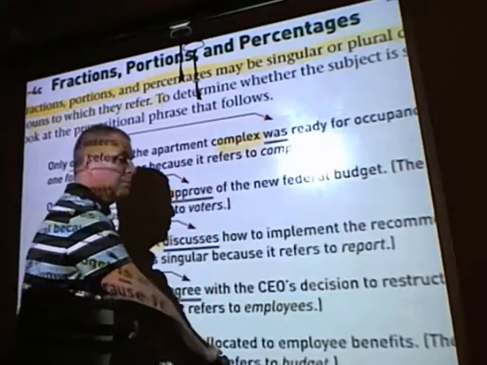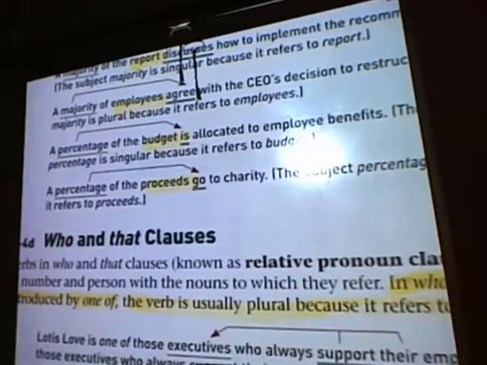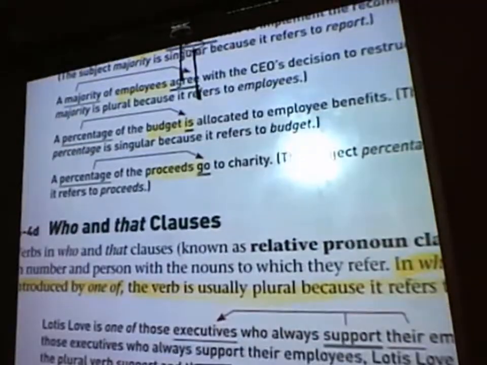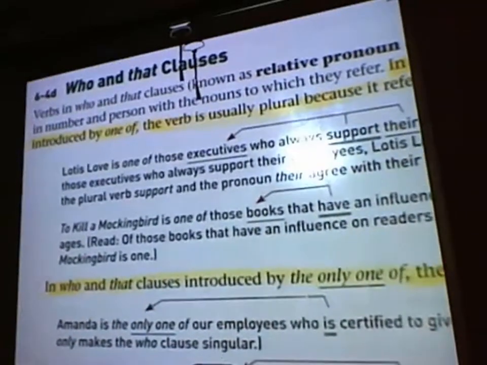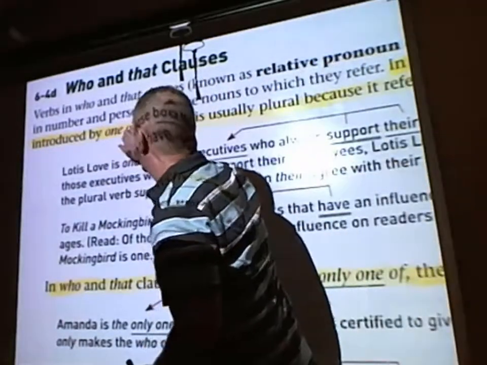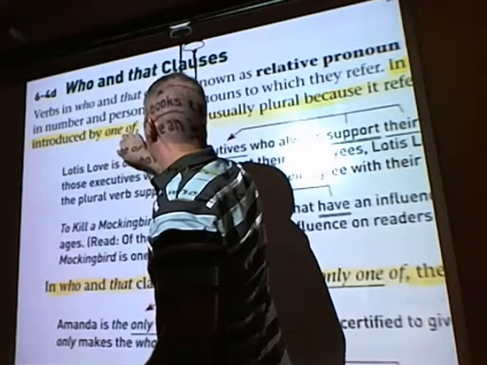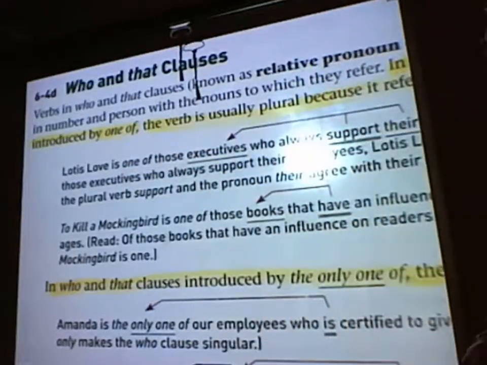Now, who and that clauses. Whenever you have a who or that clause that's introduced with the words one of, the verb is usually plural because it refers to a plural noun. Look at this. Lotus Love is one of those executives who always support their employees.